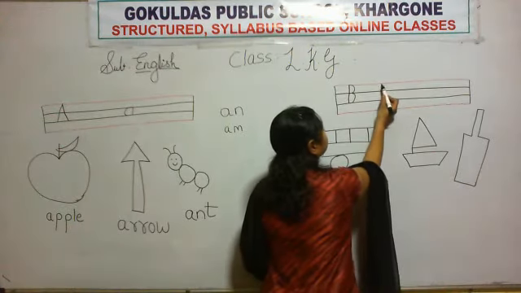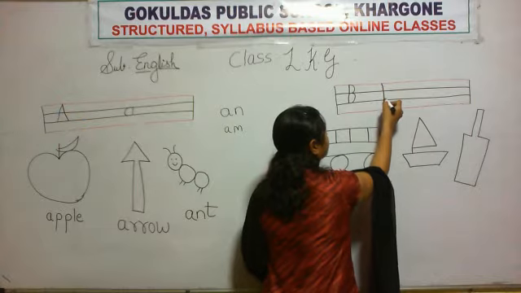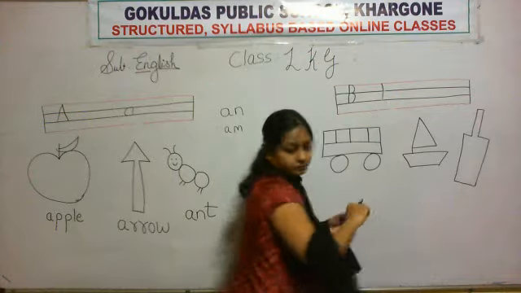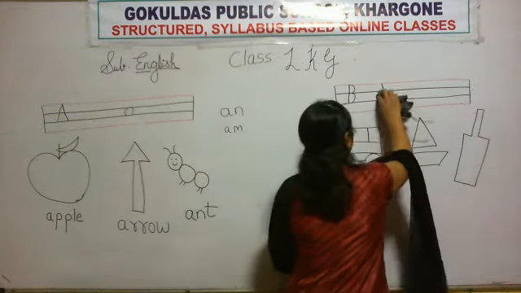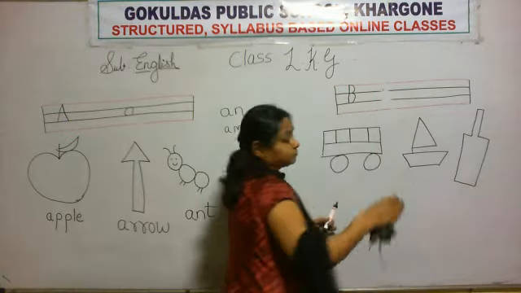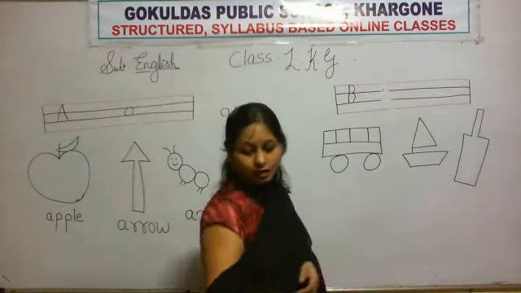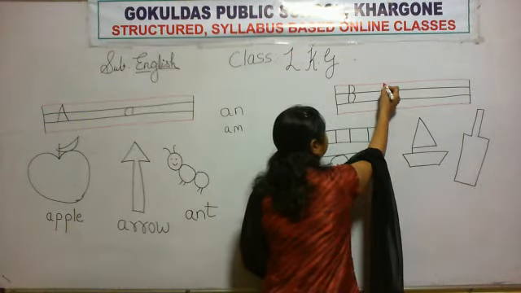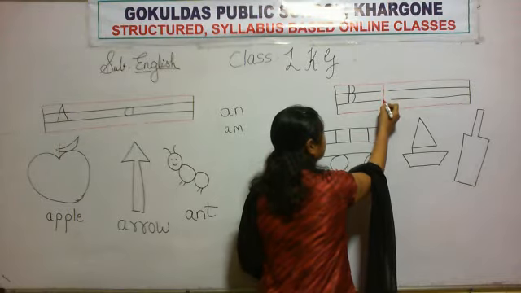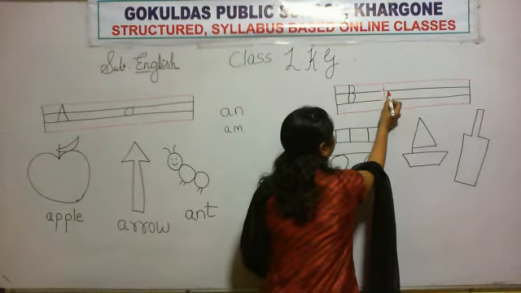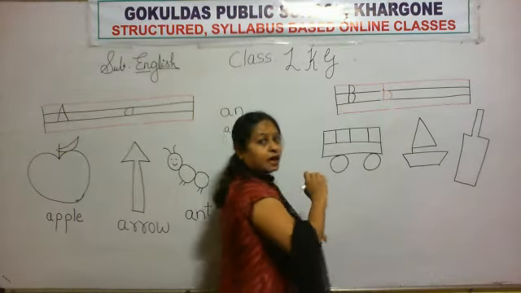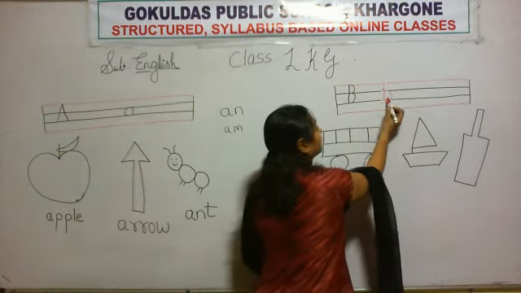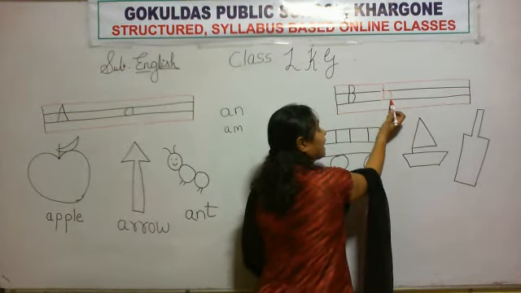From headline to baseline, then middle line to baseline, half curve. First standing line, then from middle line to baseline, half curve.